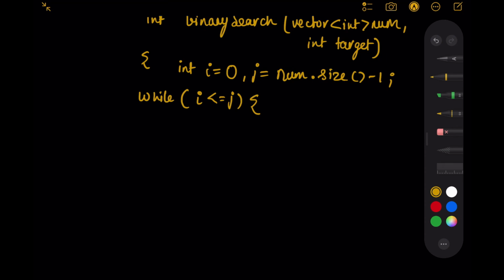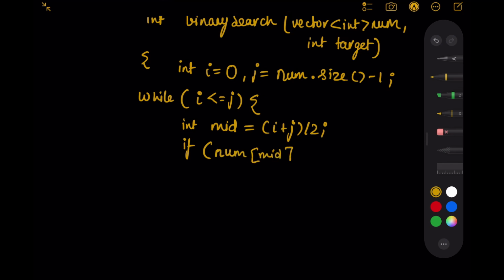So while i is less than or equal to j, we'll find the mid index, which is going to be the index of the pivot, and then we'll try to compare this middle element with our target. So there are going to be three conditions. First is that the pivot element is actually equal to the target.